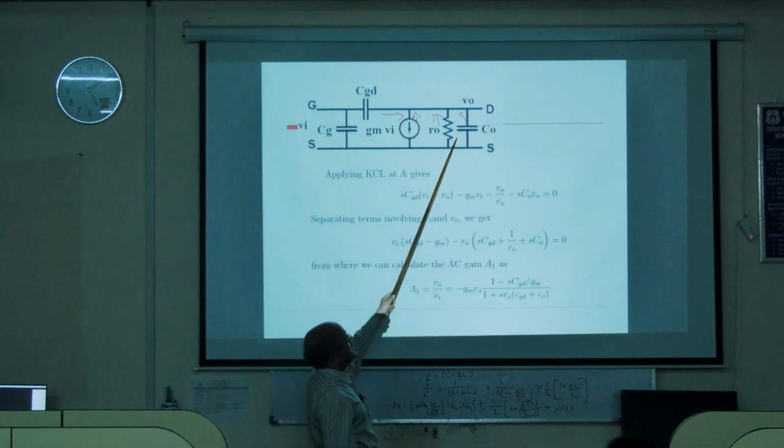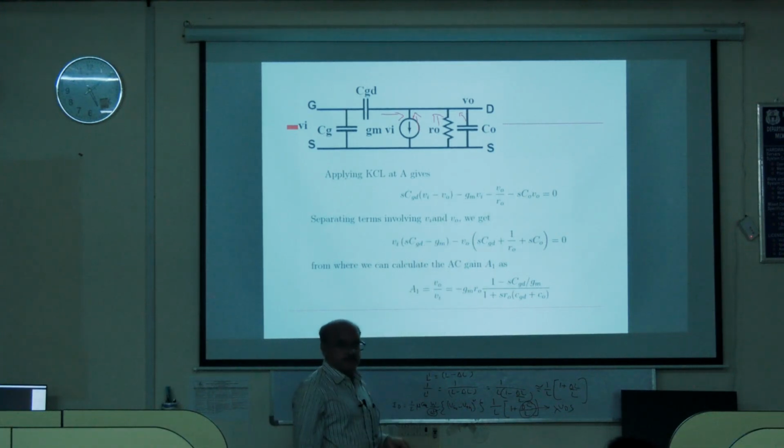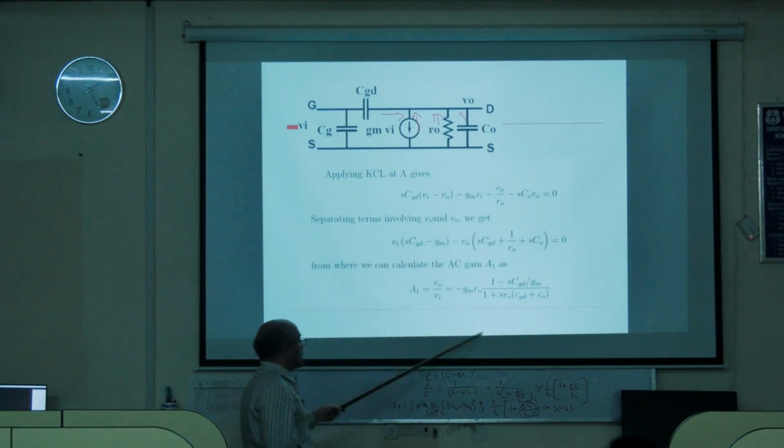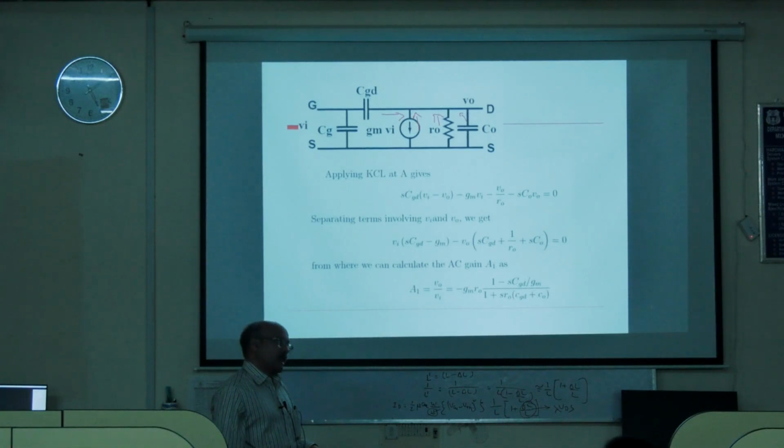The other leaving currents are v0 divided by r0 and v0 divided by 1 by sC0. If you solve, you will get the gain as this. You can also verify that at zero frequency, s is equal to j omega, so omega is 0, and all this goes away and you get simply minus gm r0.